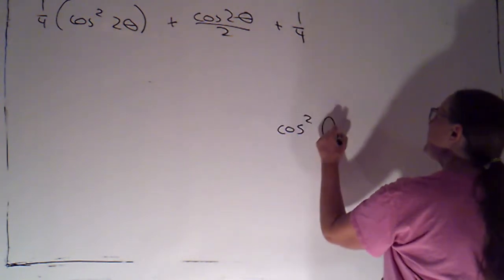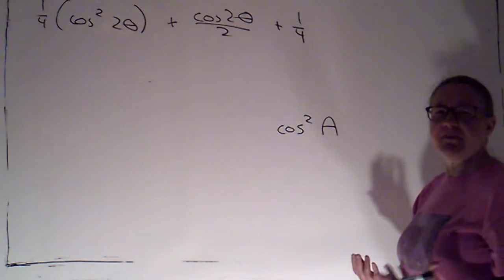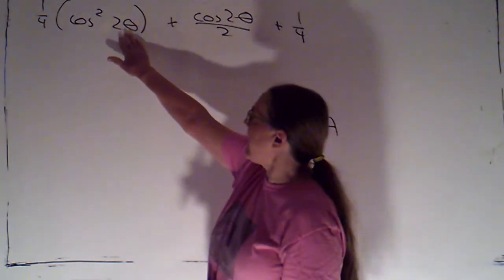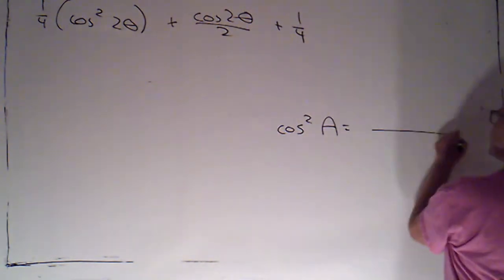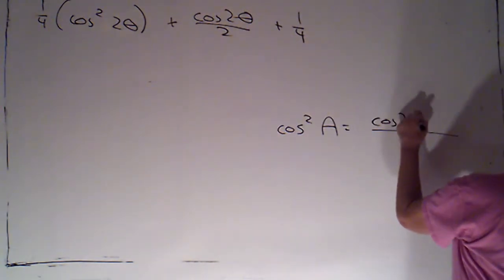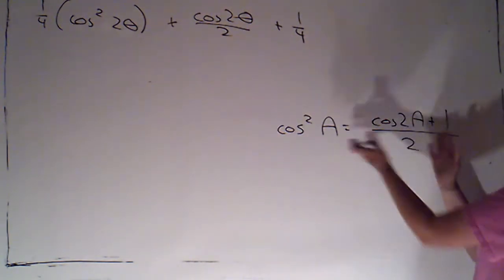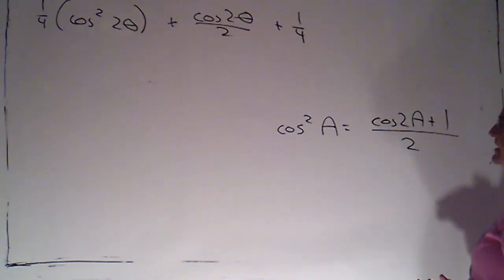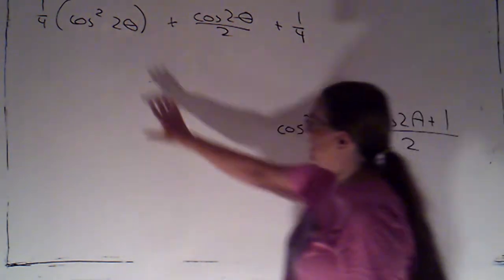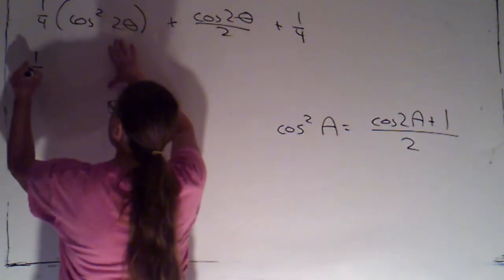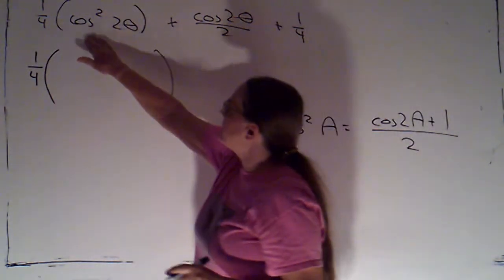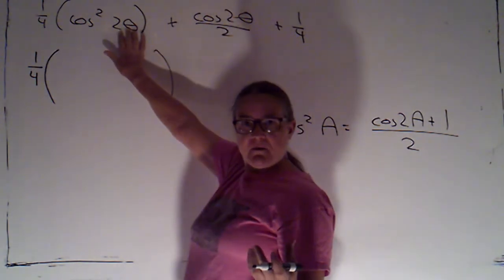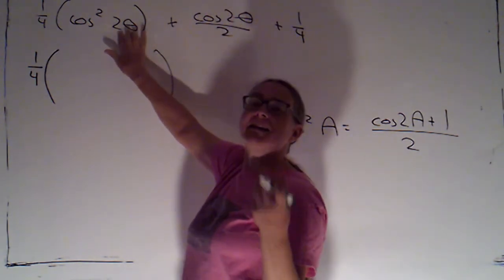Cosine squared, I'm going to just write of A instead of theta, just because I now have cosine squared of something other than just theta. But the formula was that it's cosine of 2A plus 1 over 2. I've just written it in terms of A instead of theta. So if I apply that here, we're going to have 1/4 of, this was cosine squared, the argument was 2 theta, I've got to double that.